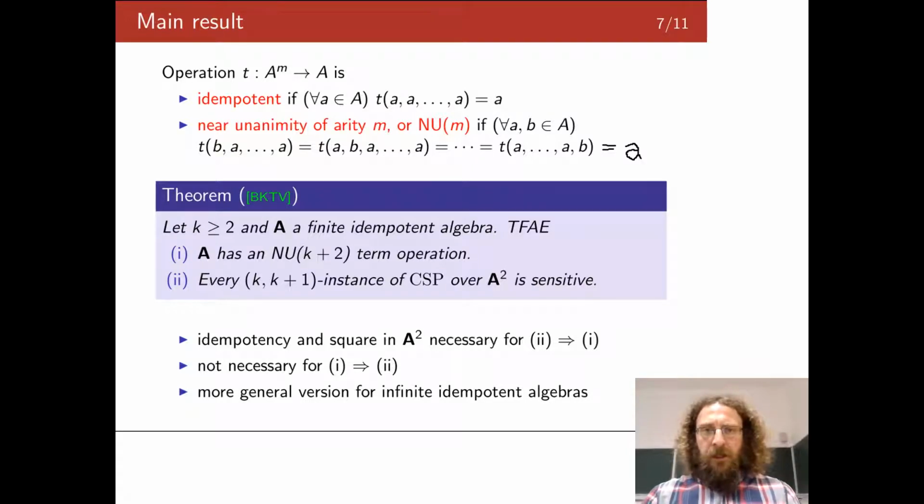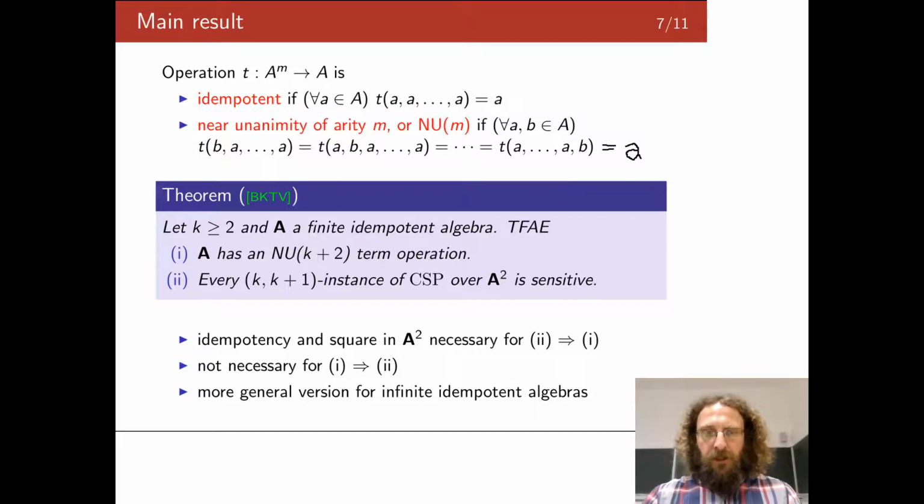There are several annoying assumptions here, namely the idempotency and the square in the second item, but they are provably necessary for the implication 2 to 1. However, this implication is mostly interesting for universal algebraic consequences of our main result, and for the other implication, which is more interesting for us now, they are not necessary.